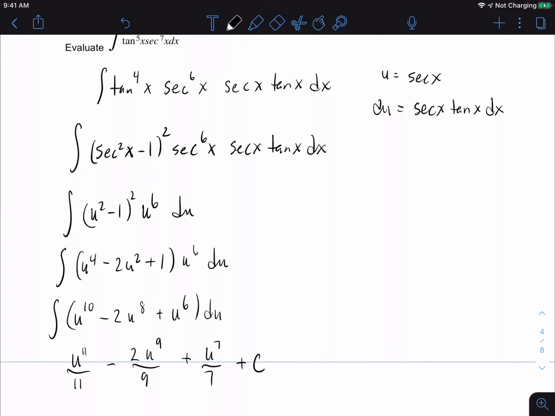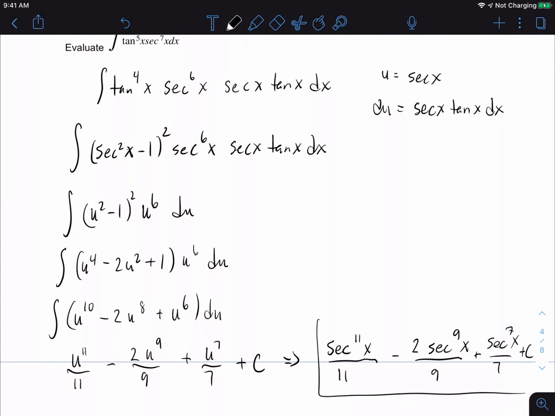Agreed? Agree. So then this yields secant to the 11th x over 11 minus 2 secant to the 9th x over 9 plus secant to the 7th x over 7 plus some constant c.